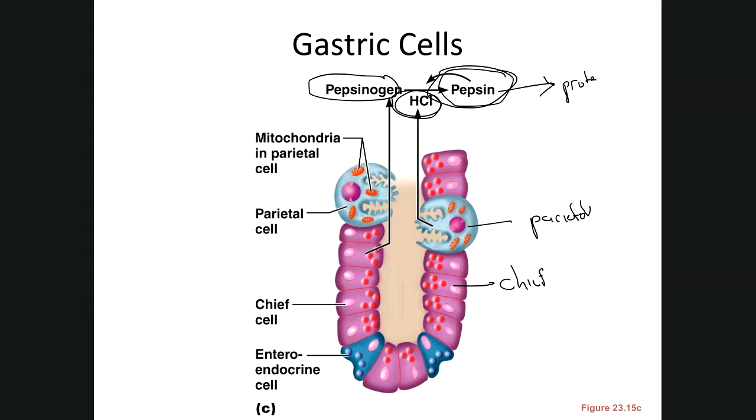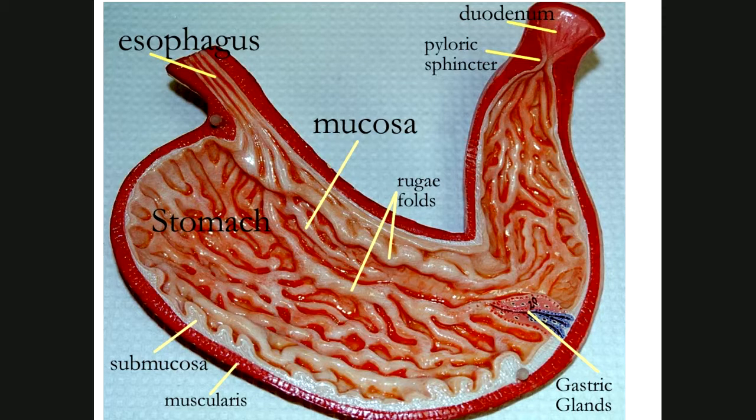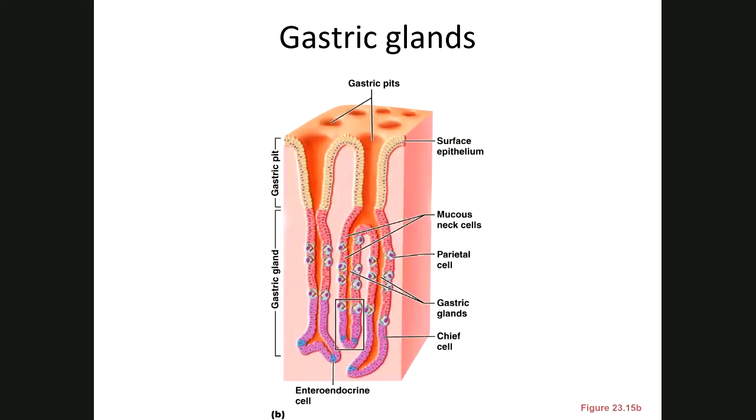But we have to have protection because this acid and this pepsin would destroy the tissues. And so we also have these mucus cells, which are very, very important because they protect the wall of the stomach from the acid and the enzymes.